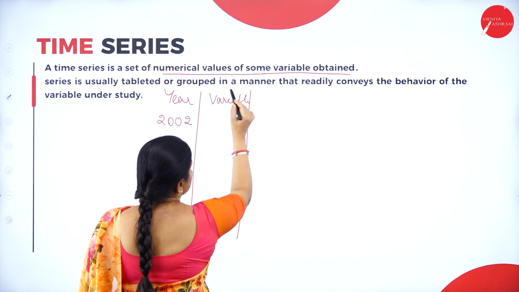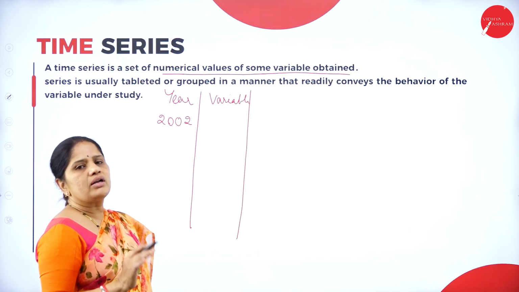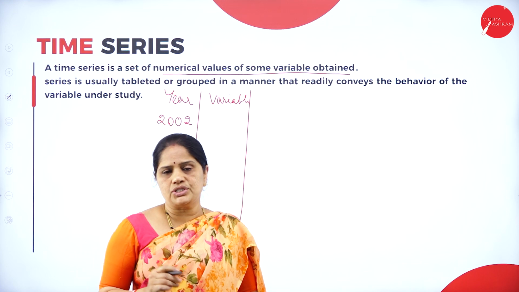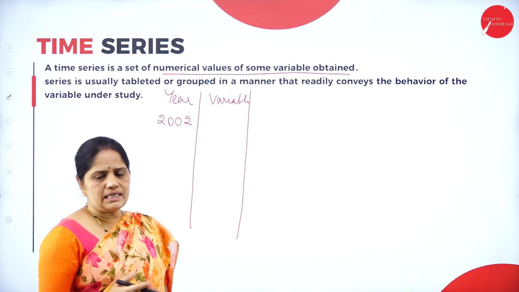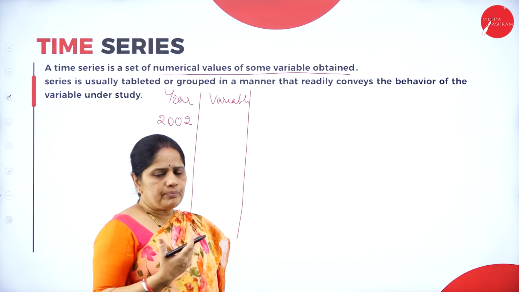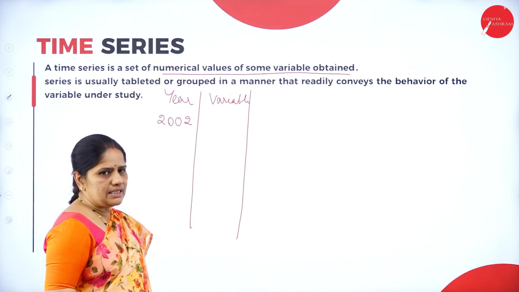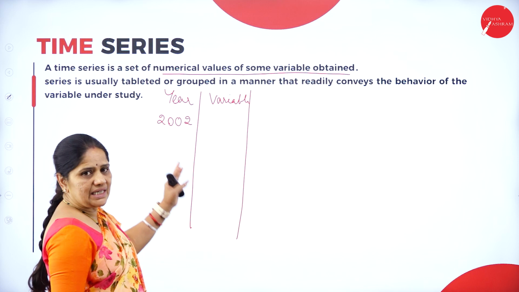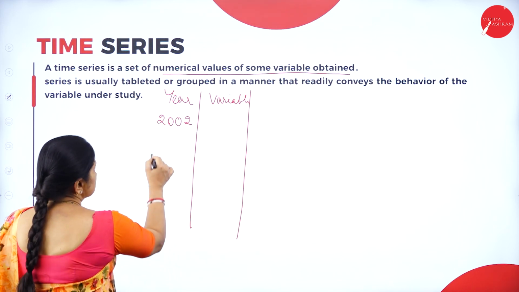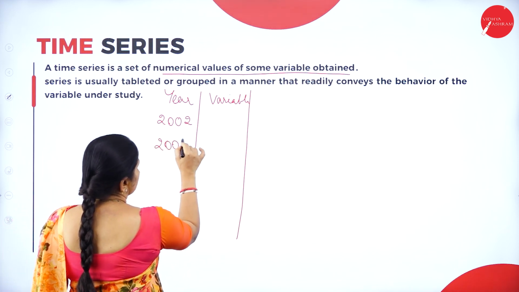So, it may be something related to sales, or it may be related to the expenditure, or it may be related to the demand, supply, or production, anything like that. So, the variable can be any one of these, and then we have the year column. Now, in this year, we have the various years.